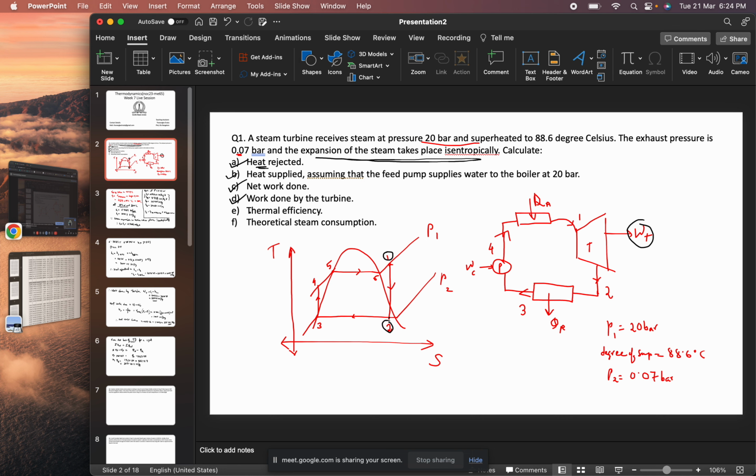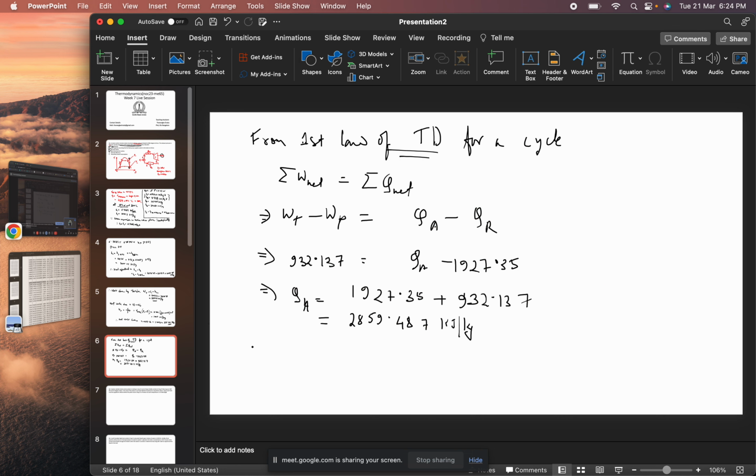Now we need to define the thermal efficiency. We know eta thermal is nothing but output divided by input. The output is basically W net, and the input is Q added.